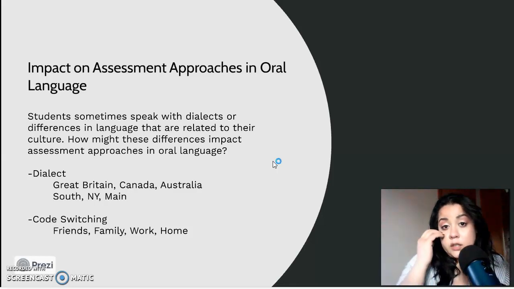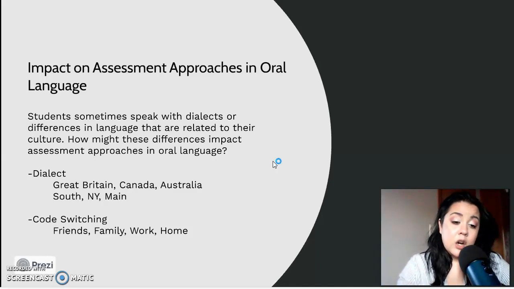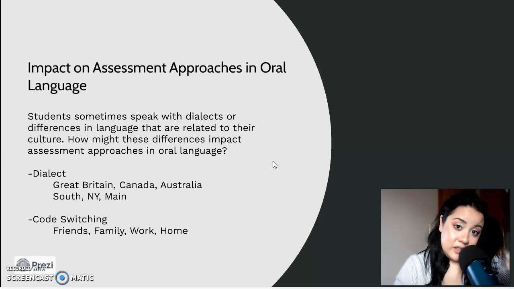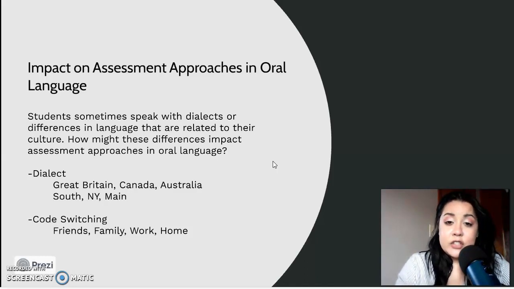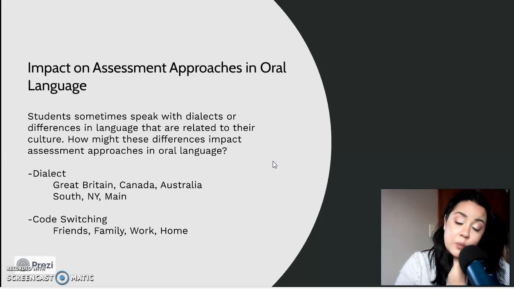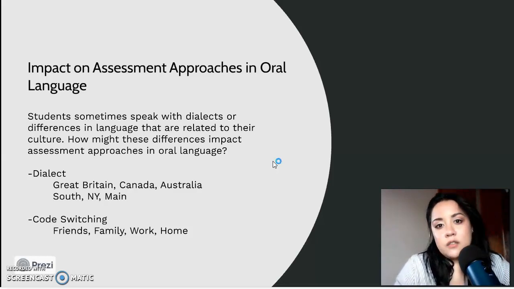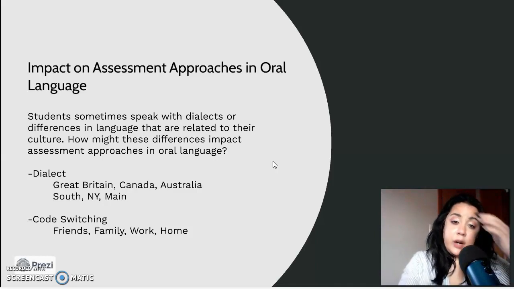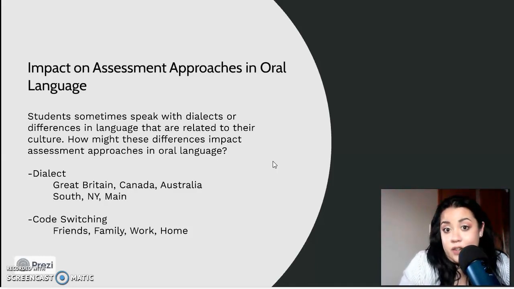But because of our English standards and how we approach these things, although teachers can come at it with more questions for their understanding, and that's kind of what the assessments can be, their understanding of the lesson instead of exactly what they're doing, I still don't feel like it's as consistent because teachers may not know different dialects or phrases or how things are used. So yes, I do think how these differences impact assessment approaches in oral language is very difficult to pick up.